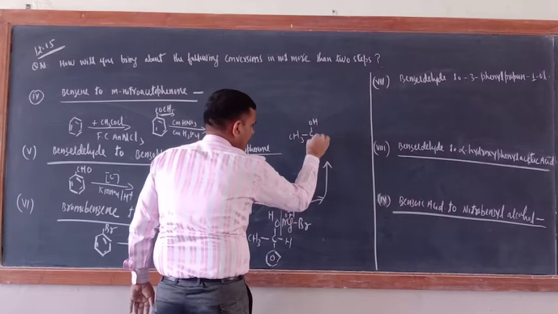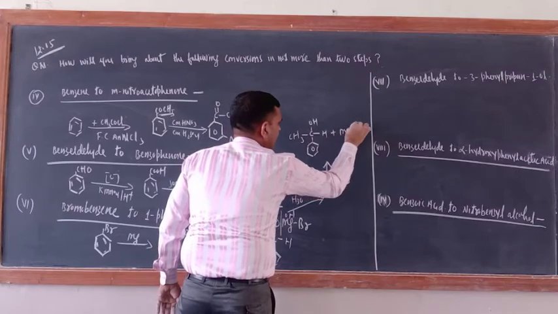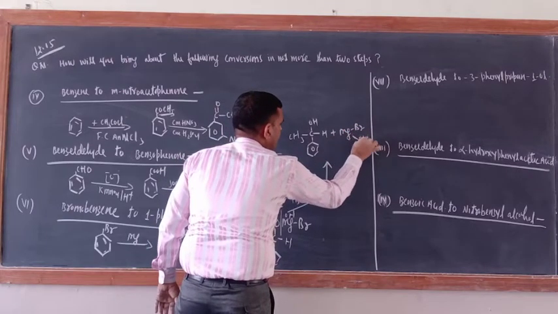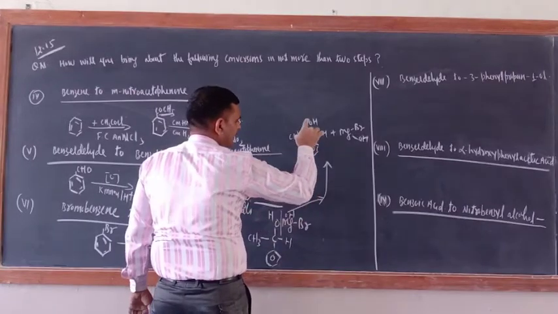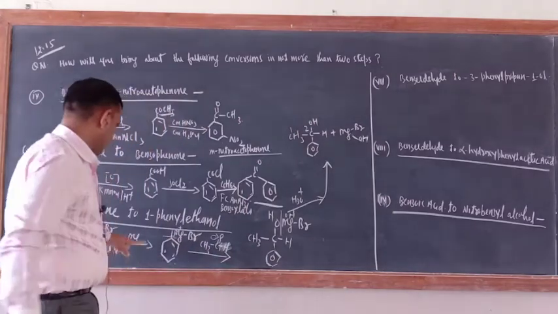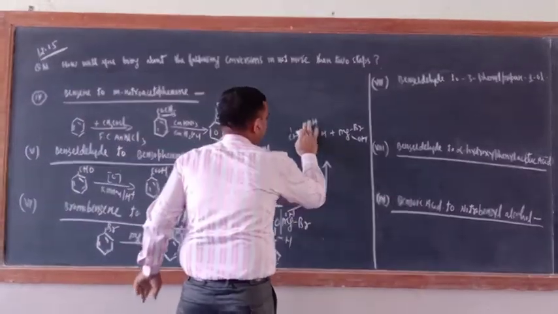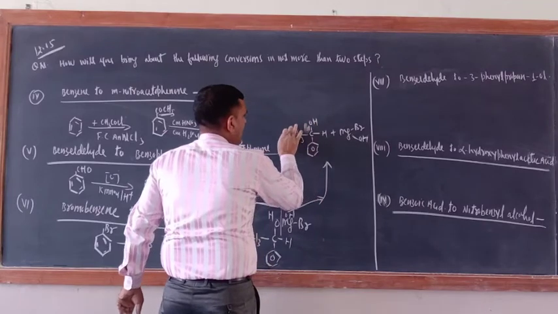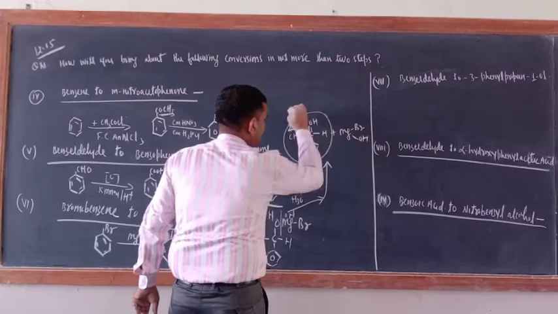Benzene ring, and here H, plus MgBrOH, hydroxy magnesium bromide. And here what is the name of this one? Just see. 1, 2. What you have to prepare? 1-phenyl ethanol. So just see, 1 number 2.